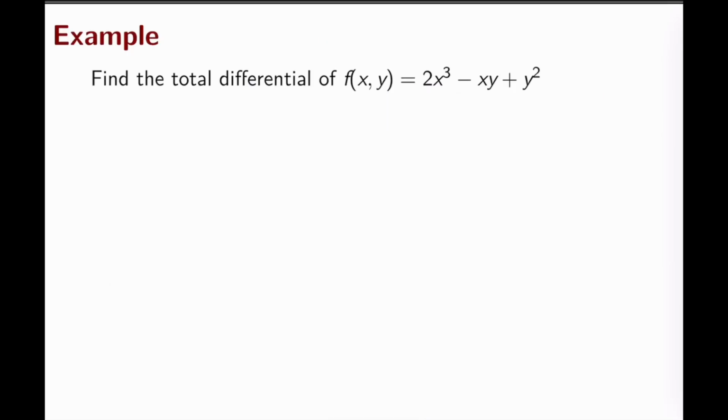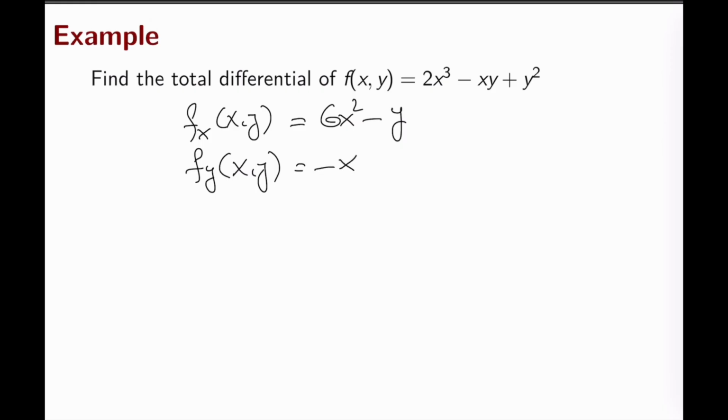So for example, let's calculate the total differential of this function. That was the same one that we had calculated before. So we know already that the derivative with respect to x is 6x squared minus y, and the derivative with respect to y was minus x plus 2y. These two functions are continuous, right?